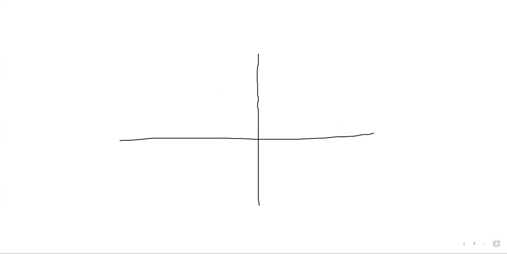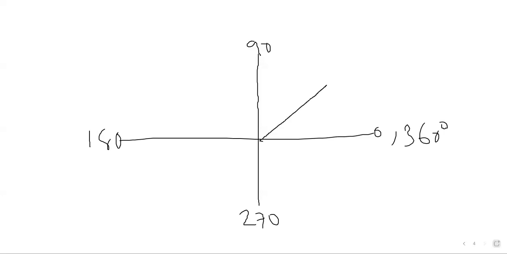You have 0 degrees, 90 degrees, 180 degrees, 270 degrees, and 360 degrees. The acute angle that we are talking about is in the first quadrant. You establish a line from here, and you can drop down here. This angle here is the acute angle that I'm referring to.